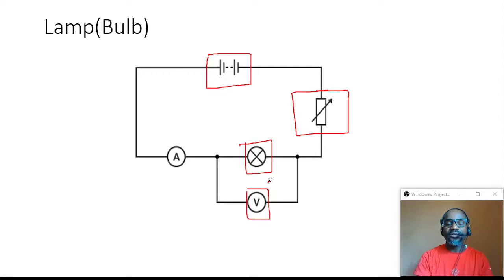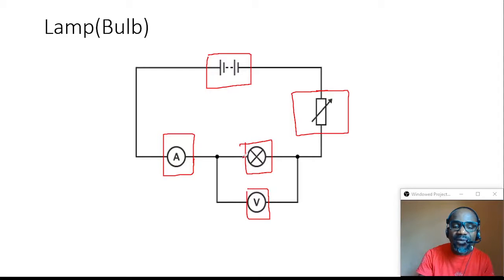The last, not the least, component is connected in series with the lamp, and it is called the ammeter. The function of an ammeter is to measure the amount of current flowing in the circuit at a given point in time. So it is connected in series with the lamp, while the voltmeter is connected in parallel with the lamp. That must be taken into consideration.